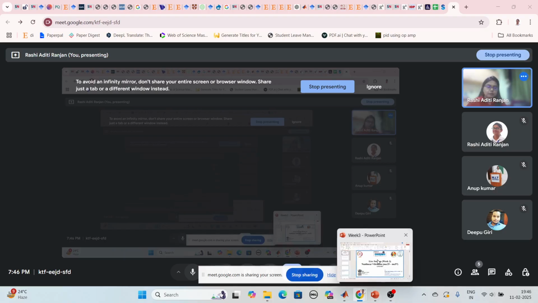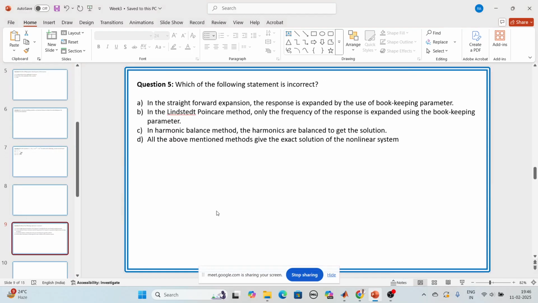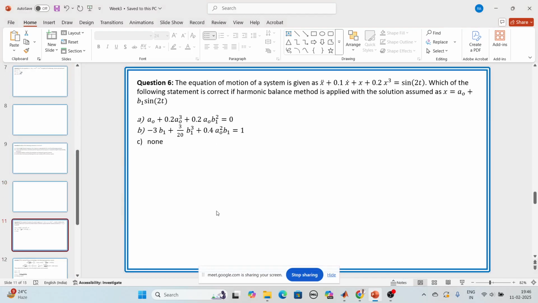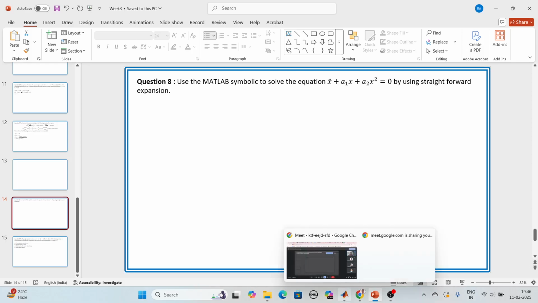Okay. So this is my expression x double dot plus a1x plus a2x square is equal to 0. Okay, so we'll go on MATLAB.